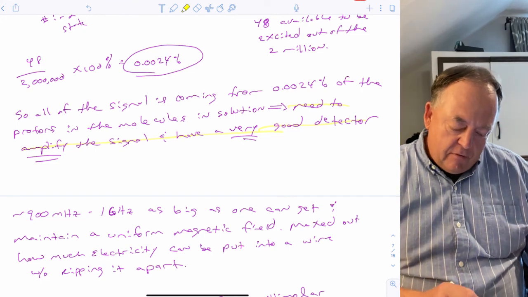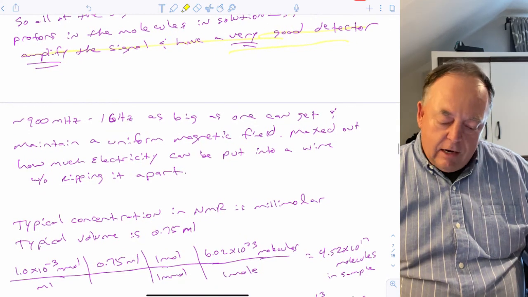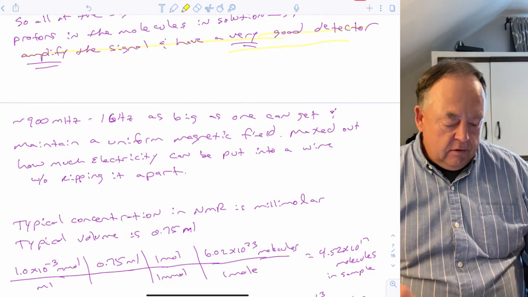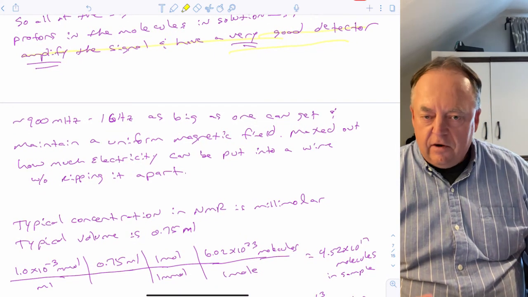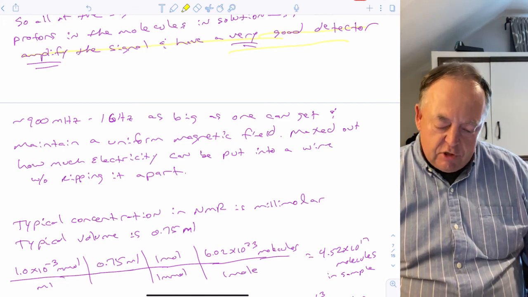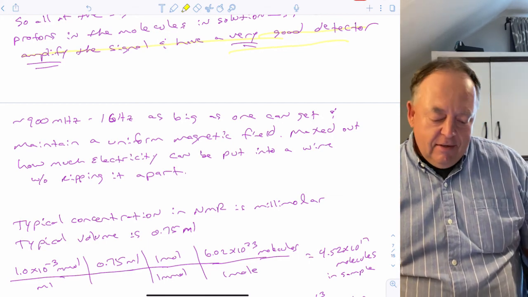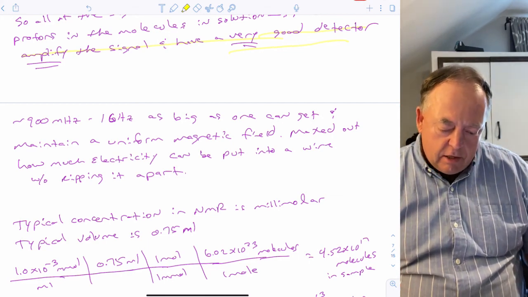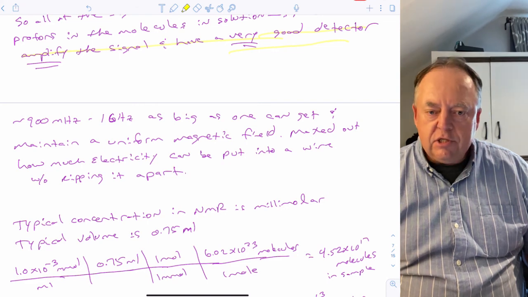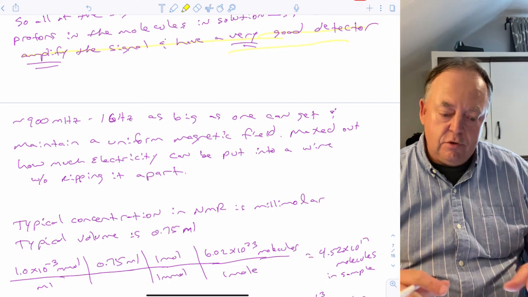So you need to amplify the signal, and you need to have a very good detector. So there's a lot of electronics involved in NMR, and it's very expensive and very complex electronics. So to maintain the instrument, you need somebody with a lot of electrical engineering knowledge. So maintaining an NMR can be quite a large expense, because you need somebody with a lot of expertise that knows how to do that kind of stuff.